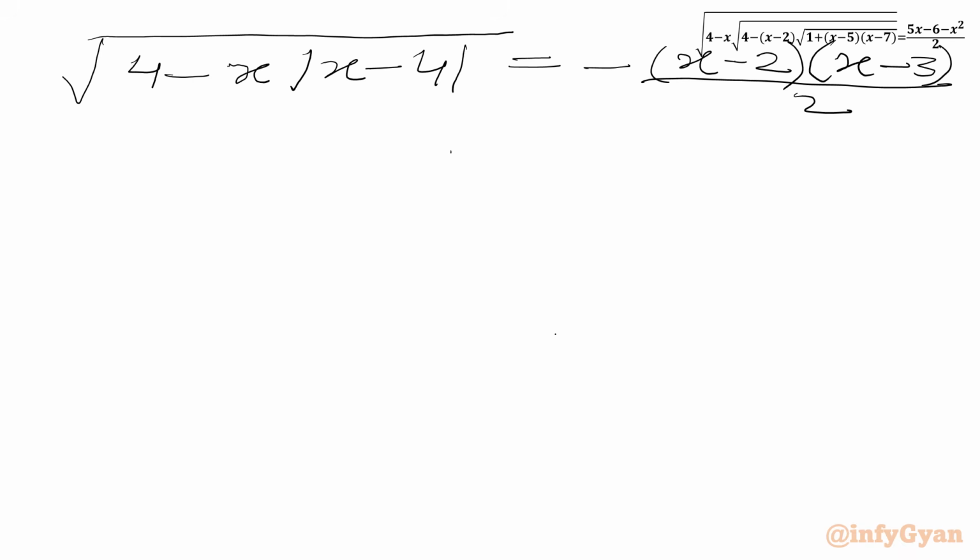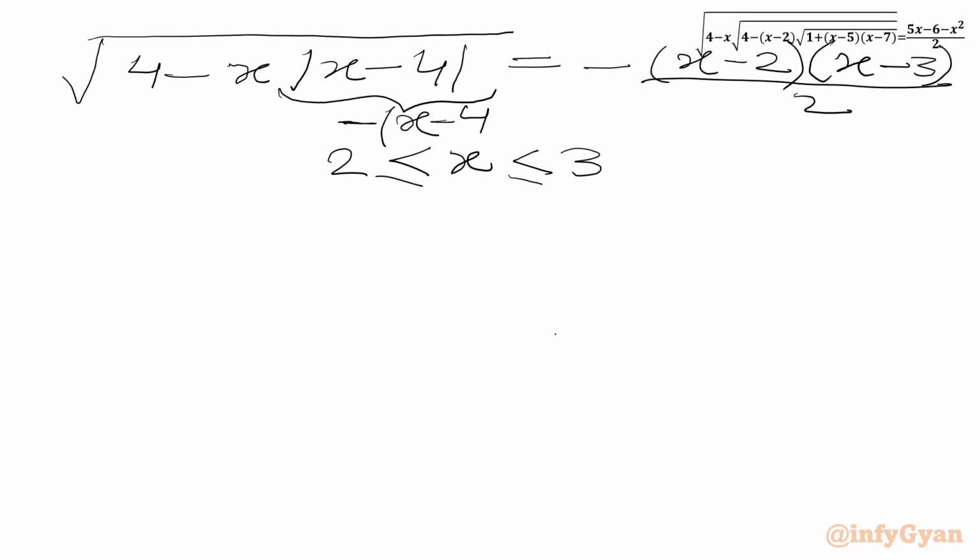Now as per our condition x is in the interval 2 to 3. That means x is less than 4. If x is less than 4, then mod of x minus 4 will be minus of x minus 4, due to this condition only.